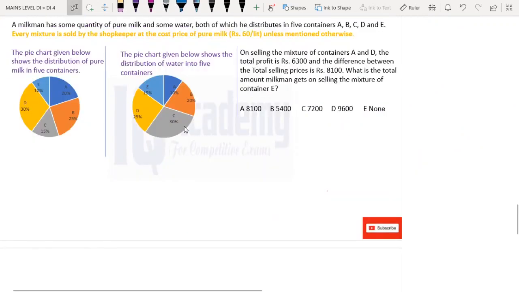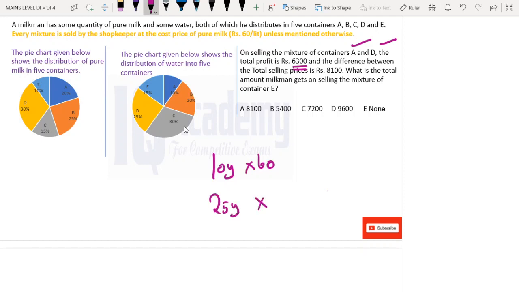The next question is, on selling the mixture of containers A and D, the total profit is 6300. The profit obtained by selling A is 10y into 60. The profit obtained by selling D is 25y into 60. So the total profit is 35y into 60, which they gave as 6300.